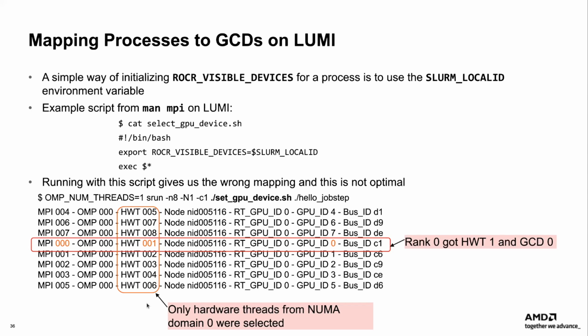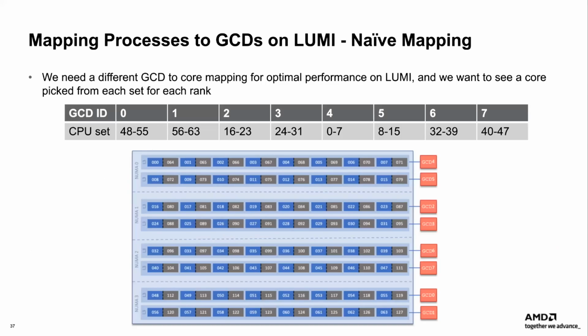Okay, what's wrong here? We know that in LUMI, the core affinity to each GCD is slightly different. So GCD 0 is closer to cores 48 through 55. GCD 4 is closer to cores 0 through 7. So in order to get optimal performance on LUMI, we want to pick the right core for a given GCD.